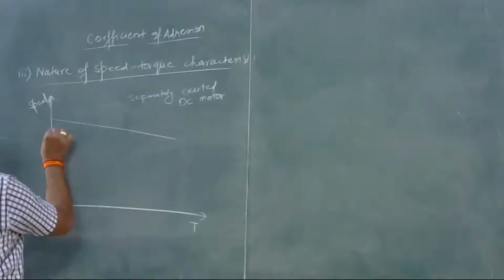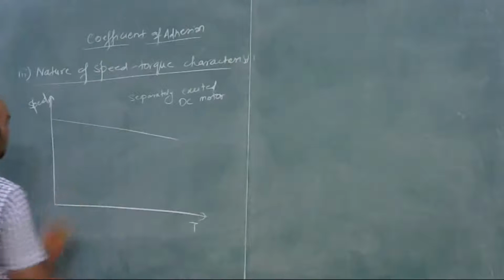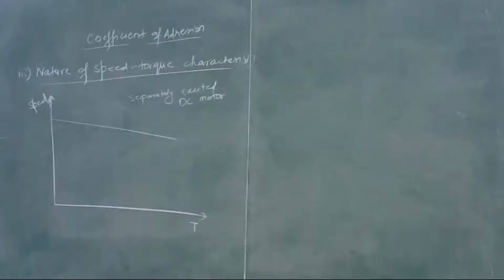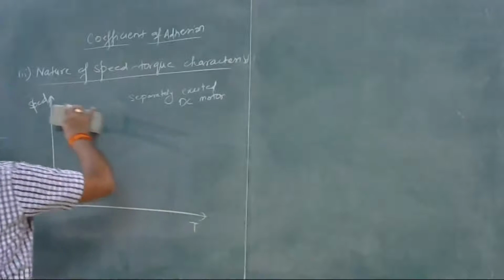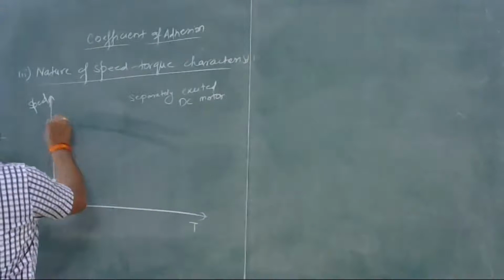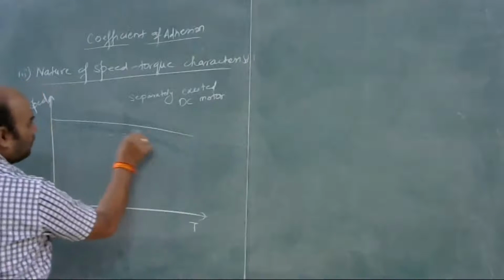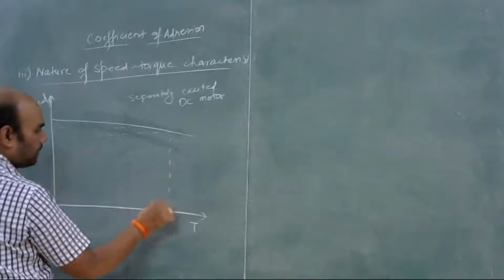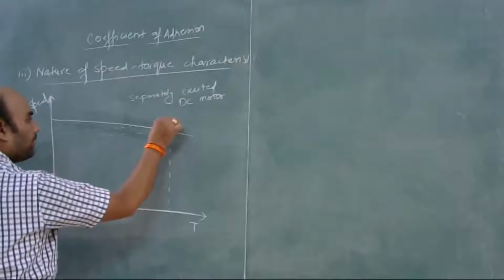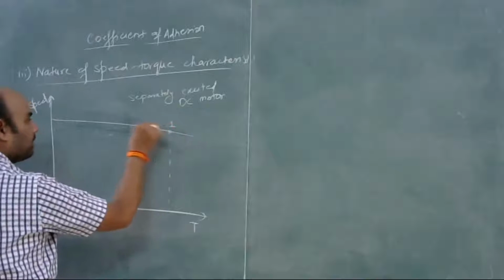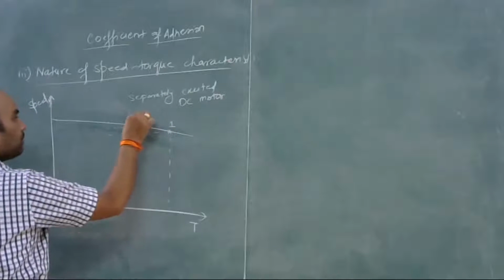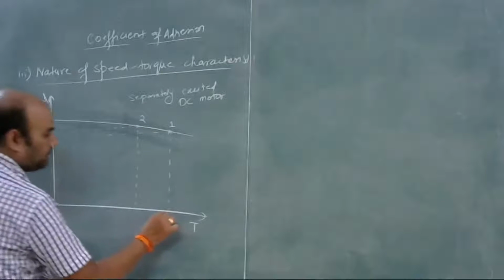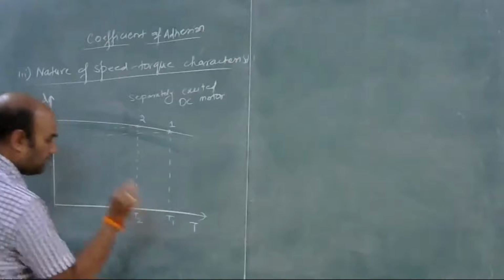Okay, and when the wheel slips, speed will increase. Okay, so there is little change in speed. So this is the operating point 1, and when the train slips, the operating point moves to point 2. Okay, and corresponding torque is this T1 and this T2.